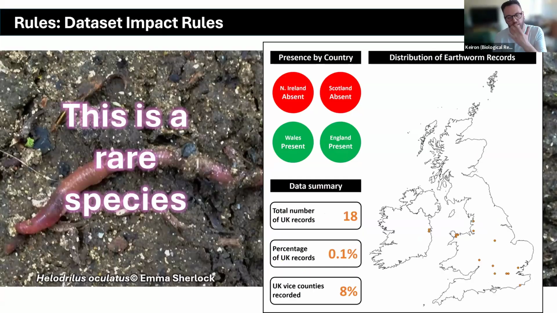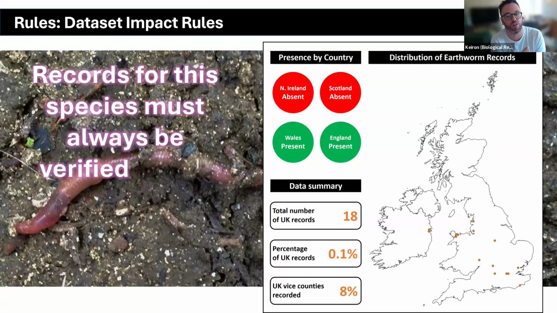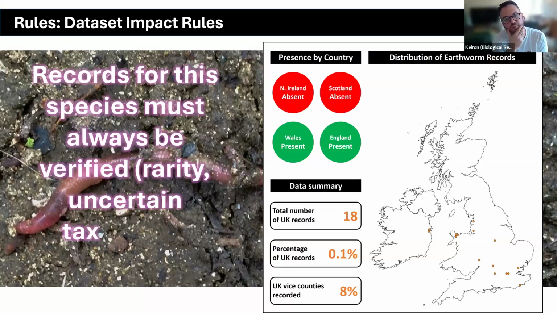A verifier is probably going to want to check this when you submit it somewhere else. We could put an even stronger message on saying records for this species must always be verified. And for this species, we'd probably do that unless you're a trusted recorder that has experience of recording this specific species.